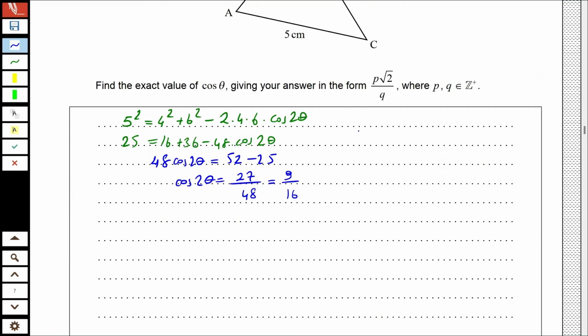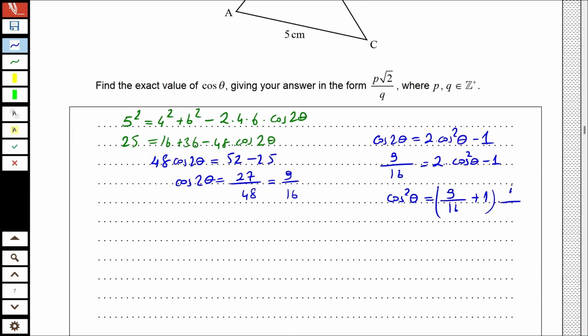So we also know the double angle formula. Cosine 2 times theta equals 2 times cos theta squared minus 1. So if you write 9 over 16 equals 2 times cosine theta squared minus 1, from here you can write cosine theta squared equals 9 over 16 plus 1, divided by 2.